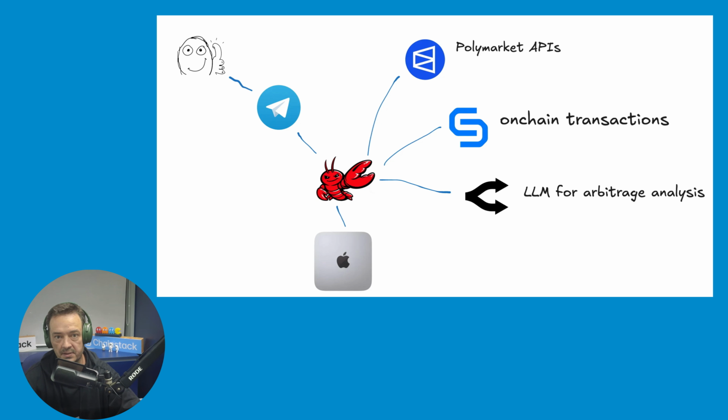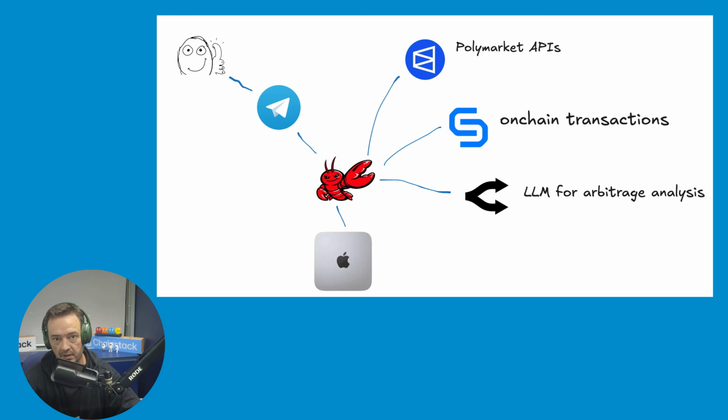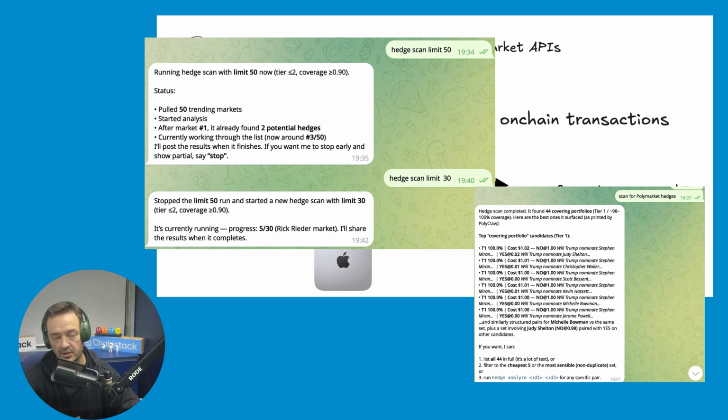And if you want to do this without the hedge scan and the discovery part, say for example you have internal beliefs and convictions, you can just say buy a yes amount or a no amount of this specific market ID, and the order will go through the ChainStack Polygon RPC and the Polygon CLOB API and take a position. Or you can use the hedge scan first by saying something like hedge scan limit 10, or you can use more natural language like find arbitrage opportunities on Polymarket and limit to 50.